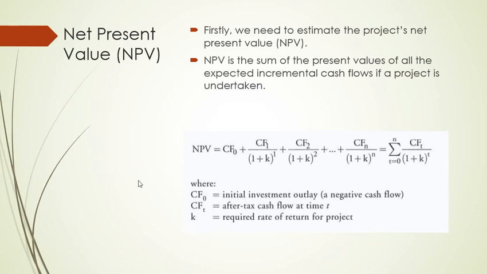If you're going to evaluate your project for 5 years or 10 years, you have to accordingly indicate in this part. k is the required rate of return for the project.